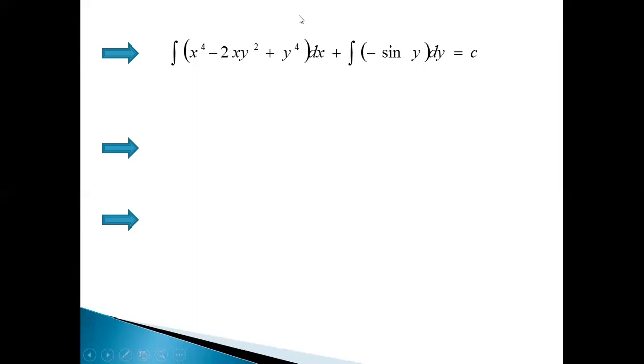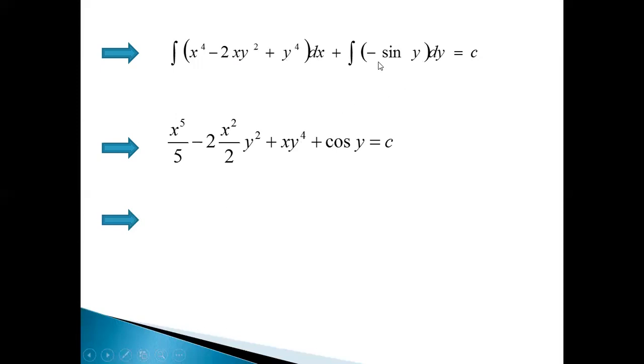Right now the integration of x raised to 4 with respect to dx is x raised to 5 by 5. Now the integration of x with respect to dx is x square by 2. Here 2 and y square are both constant. Here y raised to 4 is the constant term, so the integration of 1 is x, so x into y raised to 4.